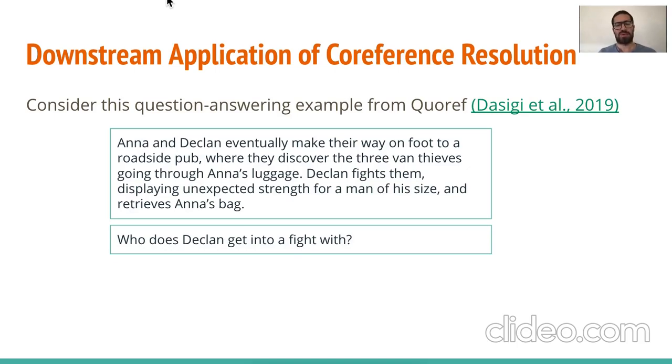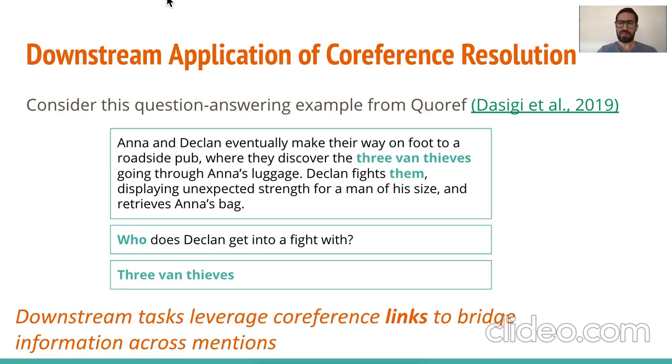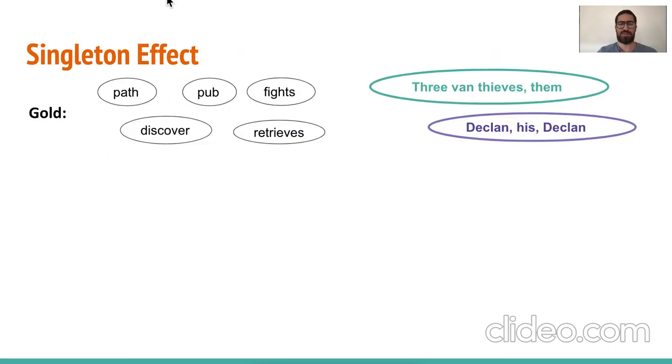Declan fights them, etc., etc. And the question is, who does Declan get into a fight with? To properly answer this question, we should be able to identify that them and three van thieves are in the same coreference cluster, and then extract the answer, three van thieves. The takeaway from this example is that downstream applications leverage coreference links to bridge information across mentions.